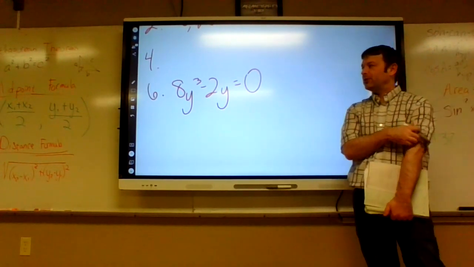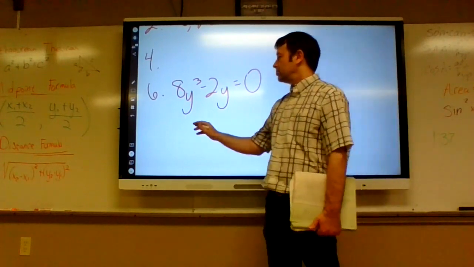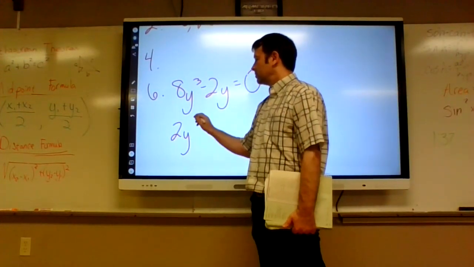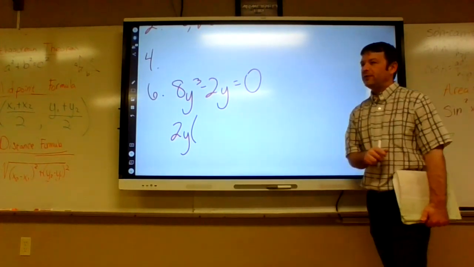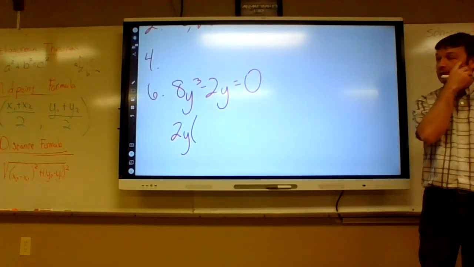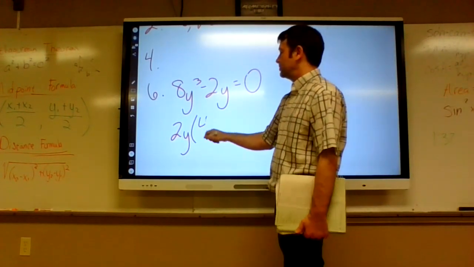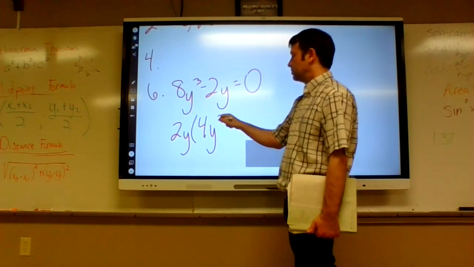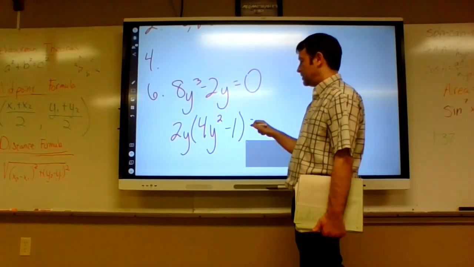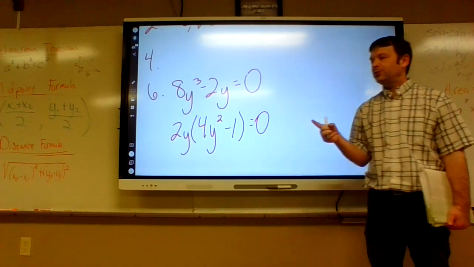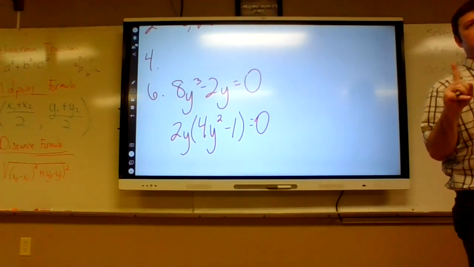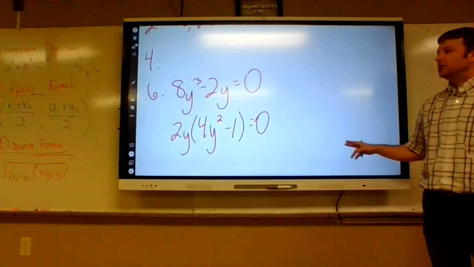What can you take out of both of those? 2y. What's left after you divide both by 2y? 4y squared and minus 1. When you're taking something out, you're dividing it out. 2y divided by 2y is 1, not nothing.